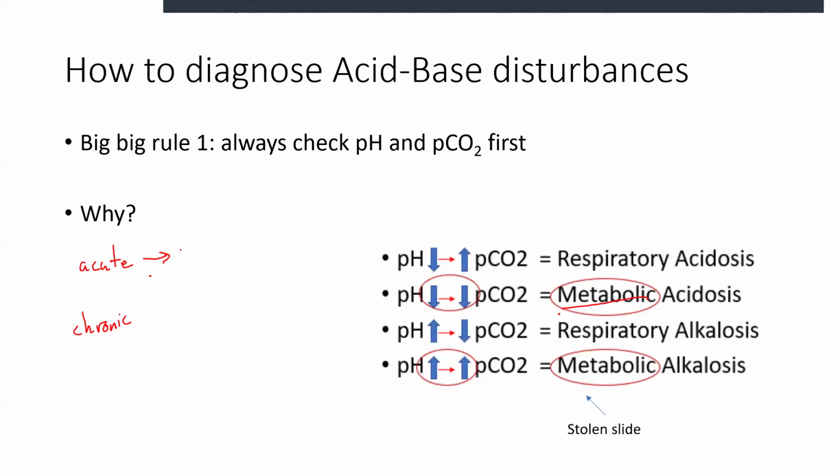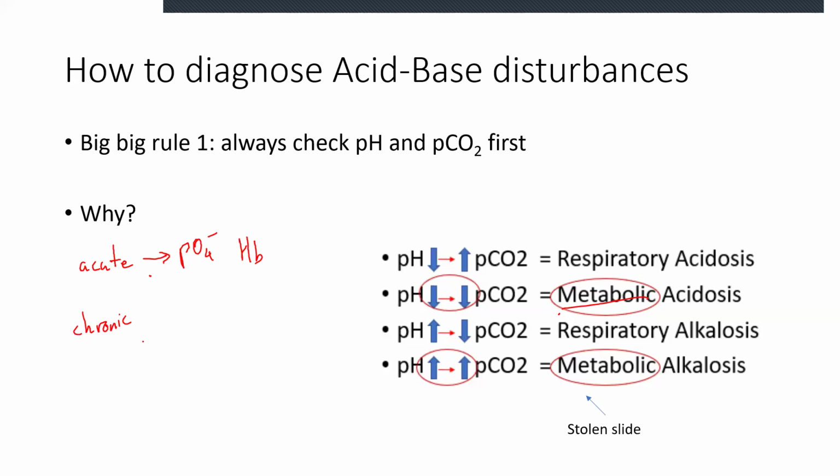So this could be buffers like phosphate and hemoglobin, and these will try to hold on to the hydrogen in the case of respiratory acidosis, or in the case of respiratory alkalosis, these cells will take the buffers out of the blood, and so more hydrogen stays in the blood.